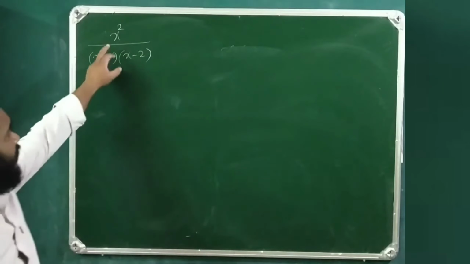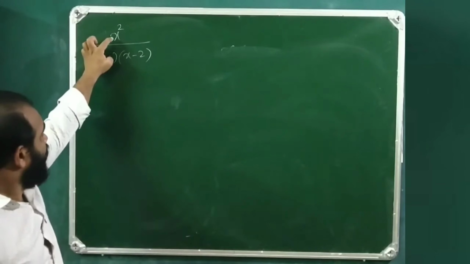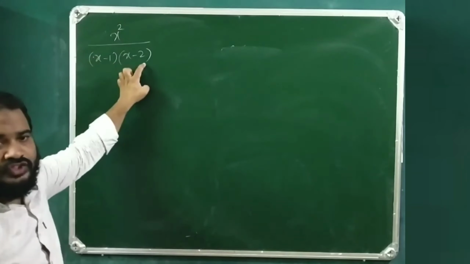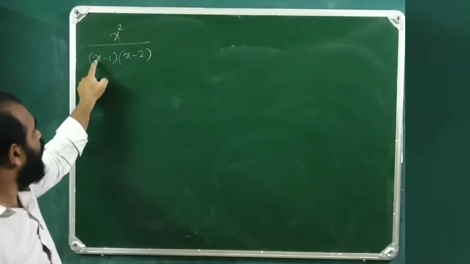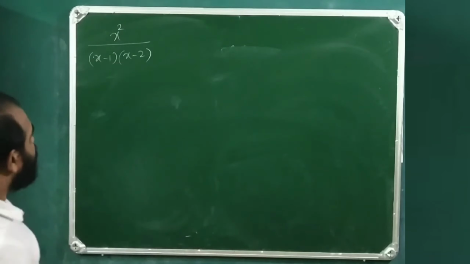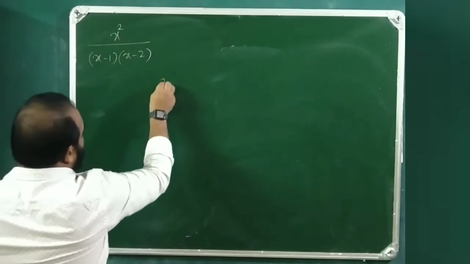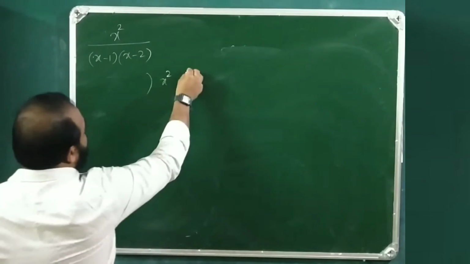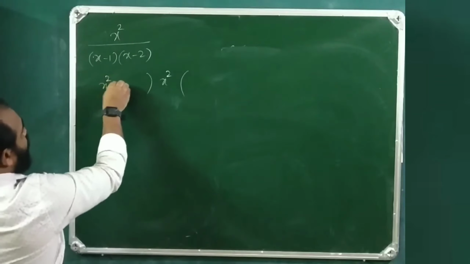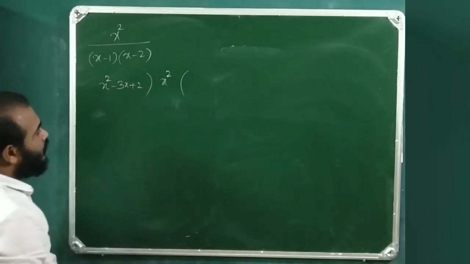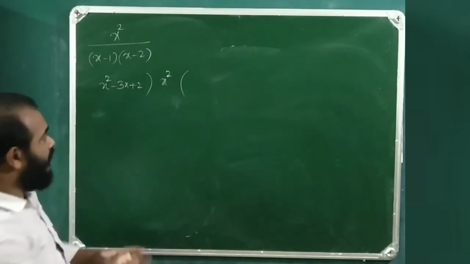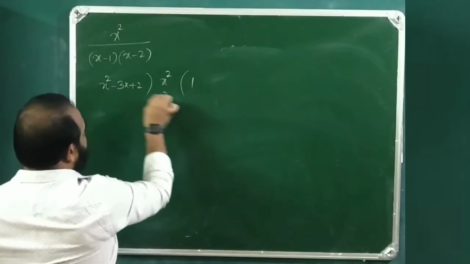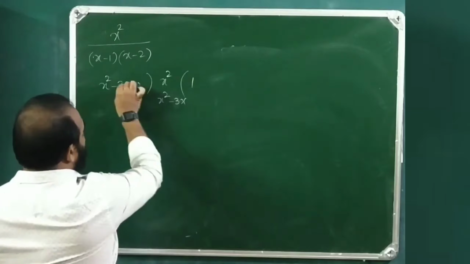So here the degree of f of x is 2 and the degree of g of x is also 2. Divide the numerator f of x with the help of the denominator, which is x square minus 3x plus 2. So x square by x square is 1. 1 into x square, 1 into minus 3x is minus 3x, 1 into 2 is 2.